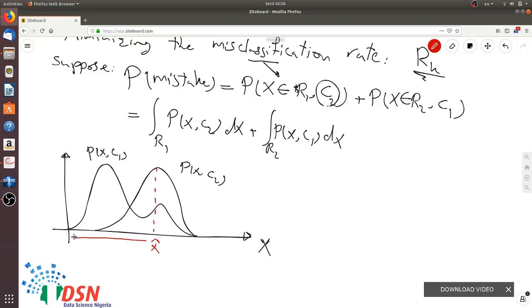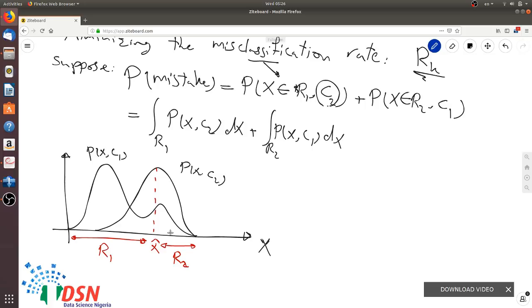Whatever is before that, we assign to R1, region 1, which means somebody is normal and doesn't need treatment. This is region 2, which means we decide to treat that person.